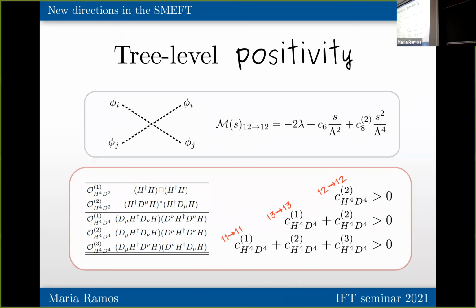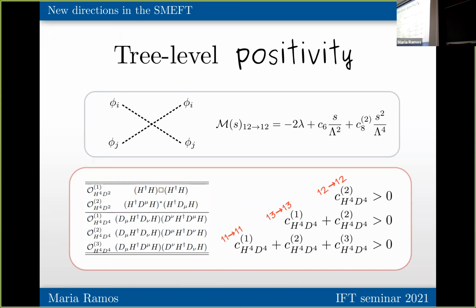And if you scatter other components, you can derive the other conditions, which is that C1 plus C2 also needs to be non-negative, as does the combination C1 plus C2 plus C3. So this is basically what has been found at tree level.